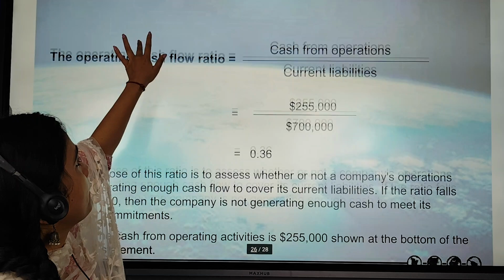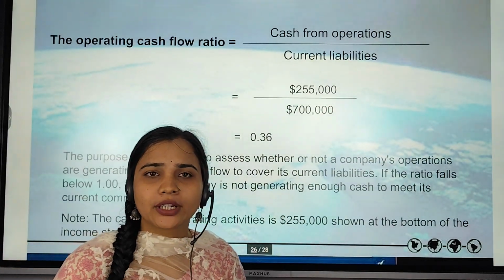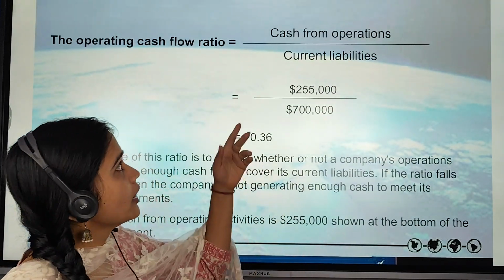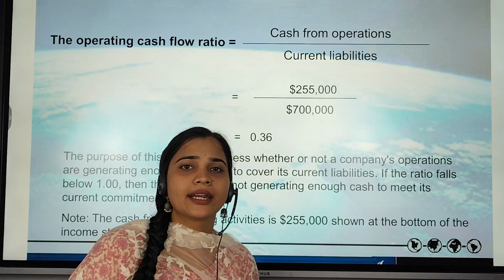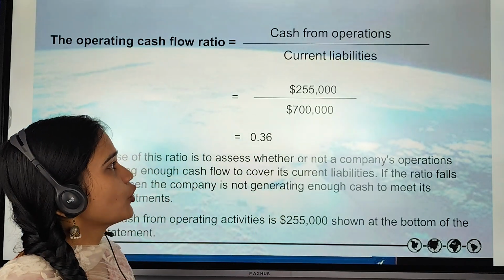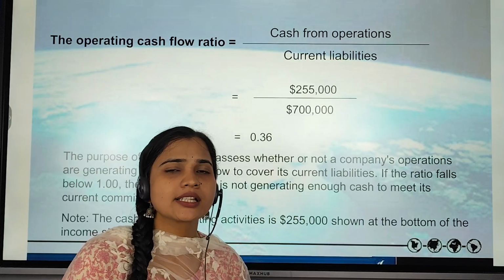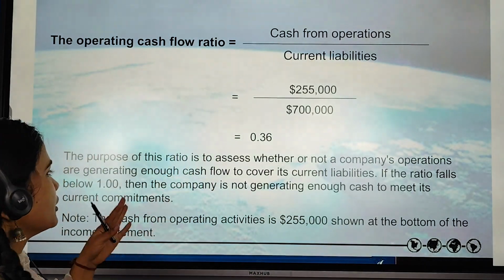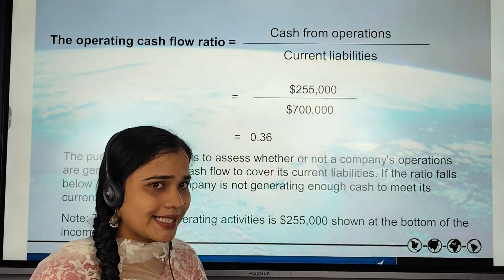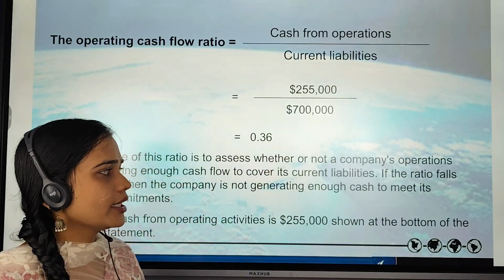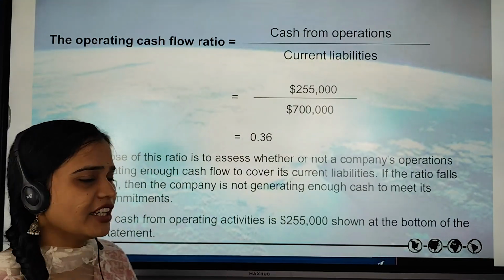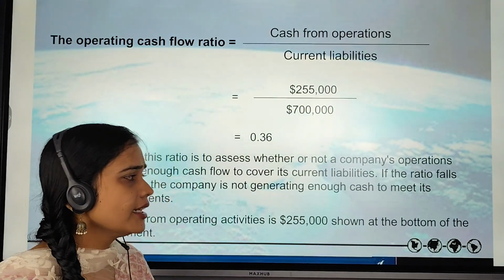The next is the operating cash flow ratio. The formula for calculating the operating cash flow ratio is cash from operations upon current liability, that is 2,55,000 upon 7 lakh, and the answer we are getting is 0.36. The purpose of this ratio is to assess whether or not a company's operations are generating enough cash flow to cover its current liability.